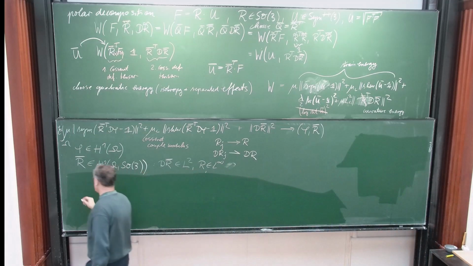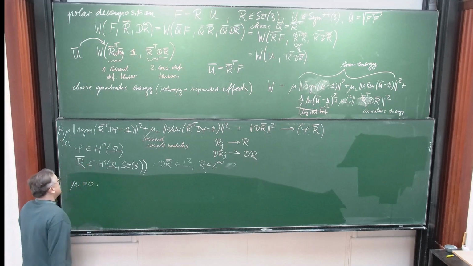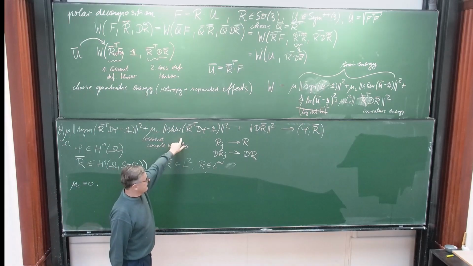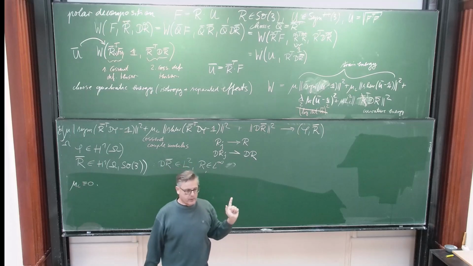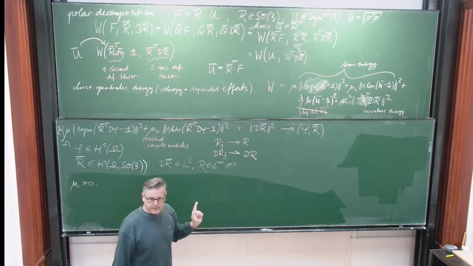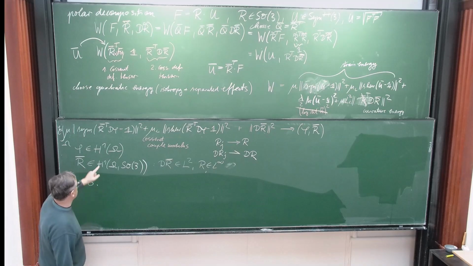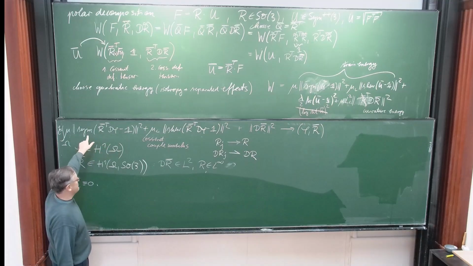So the case mu_c equal to 0. So that means this term is absent. We want to do the same argument as before. The only problem is that now we don't know immediately how to control d phi or phi with just this term here.